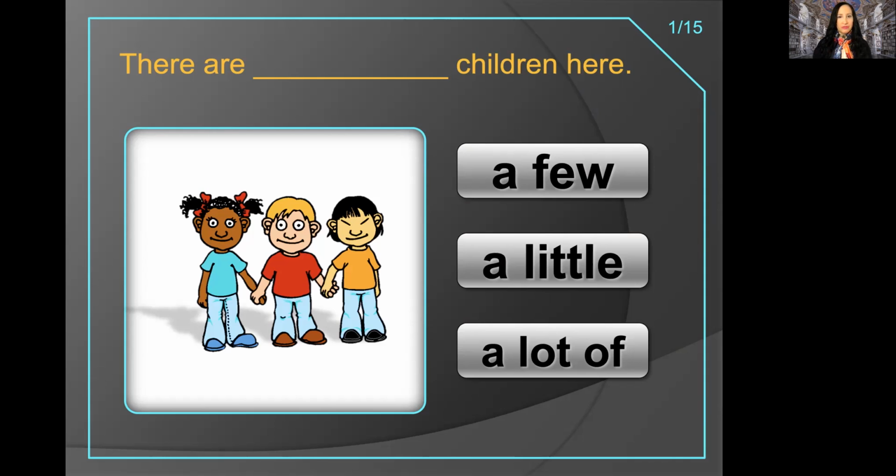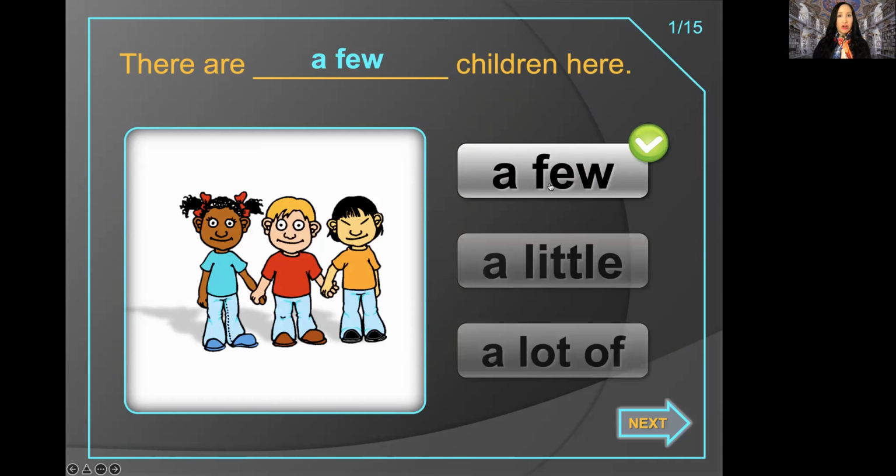This is a little confusing. I might pick the wrong one just to check your knowledge. So let's see, a few, a little, or a lot. Which one? That's right. There are a few children here. A few is typically 3 or 4.